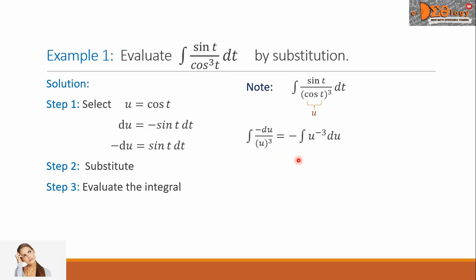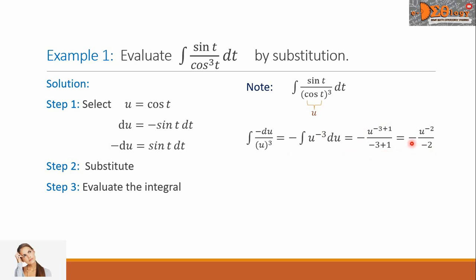Now let us use the power rule to evaluate this integral. We have now the negative of u raised to negative 3 plus 1 over negative 3 plus 1. Negative 3 plus 1 is simply negative 2. So we have the negative of u raised to negative 2 all over negative 2.